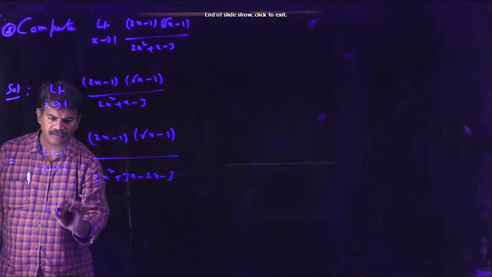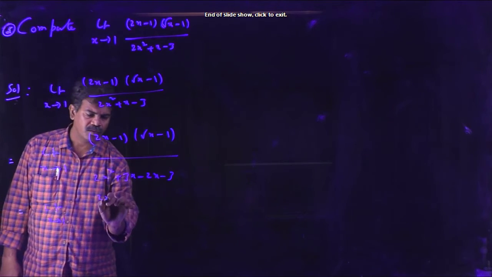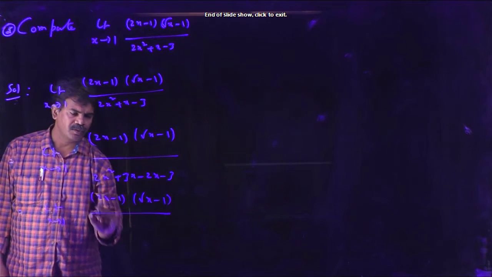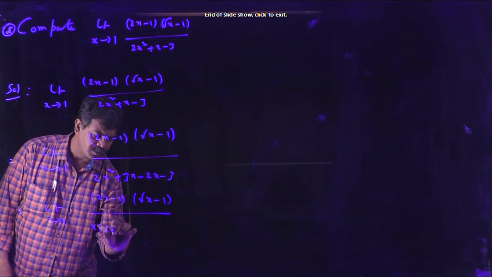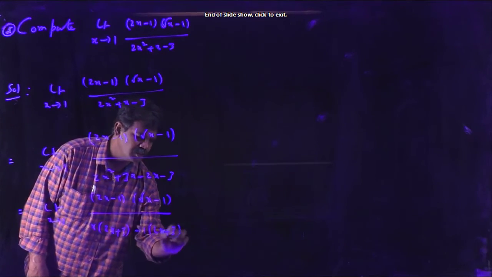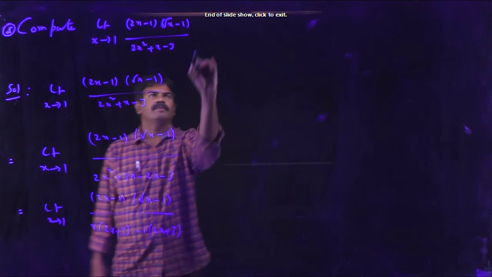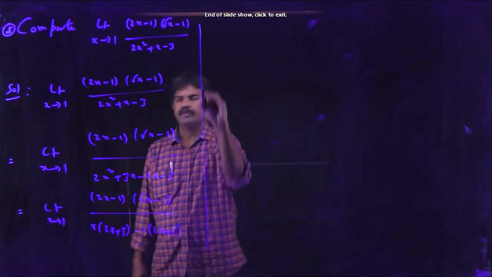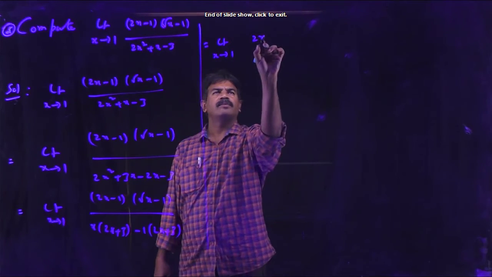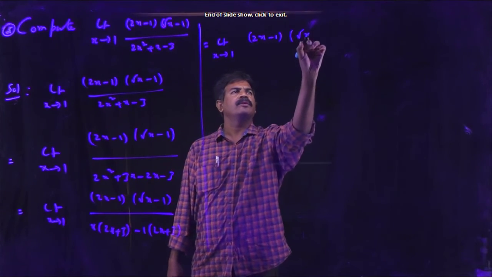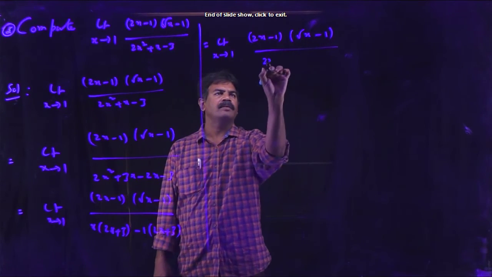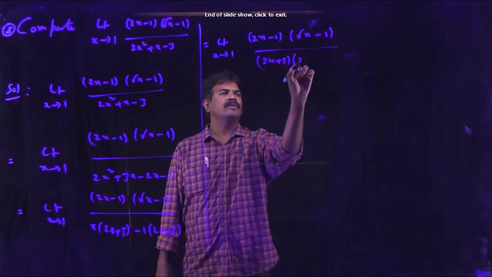That is equal to limit x tends to 1, 2x minus 1 into root x minus 1 by, x is common, that is 2x plus 3, minus 1 is common, 2x plus 3. So that is equal to limit x tends to 1, 2x minus 1 into root x minus 1 by, so 2x plus 3 is common, 2x plus 3 into x minus 1.